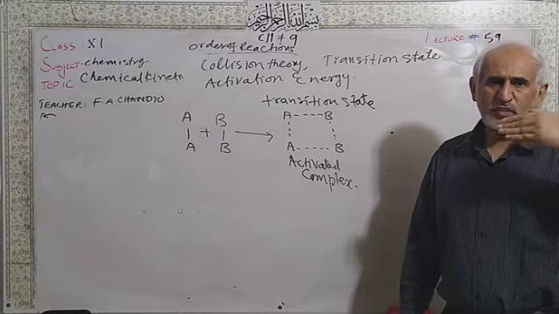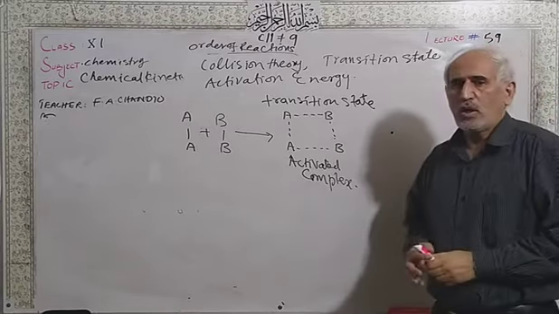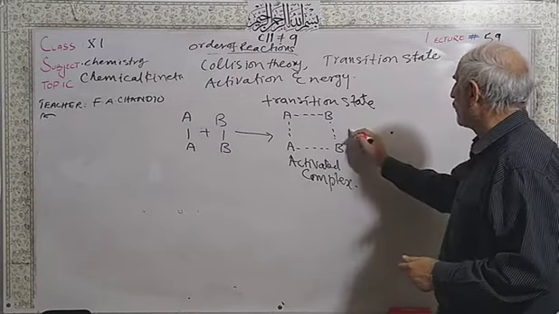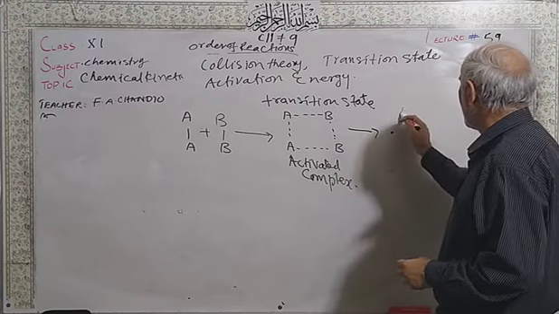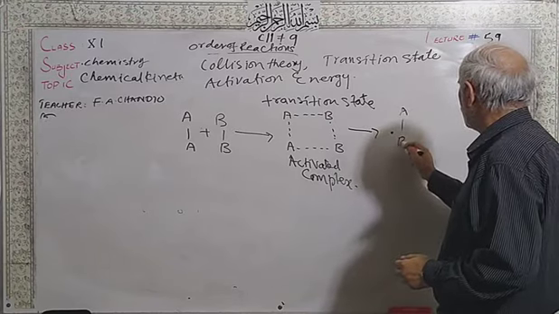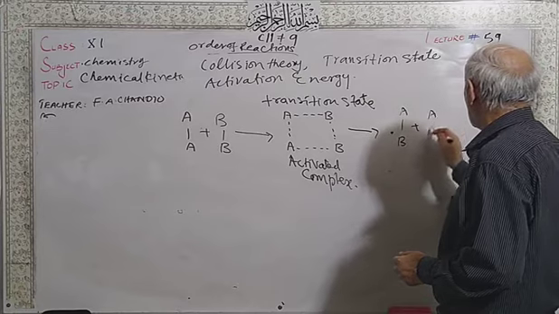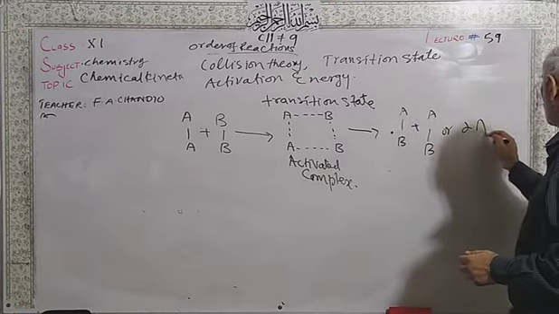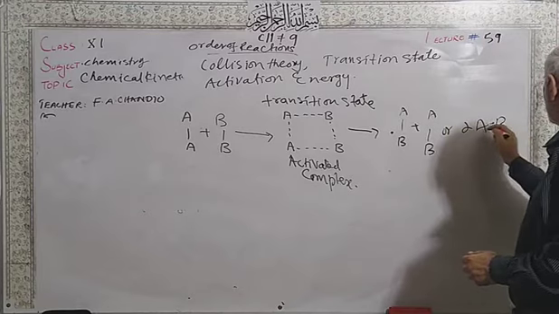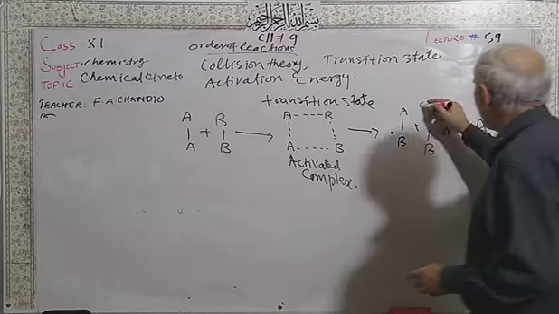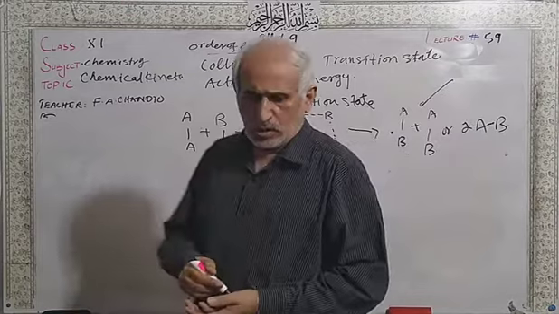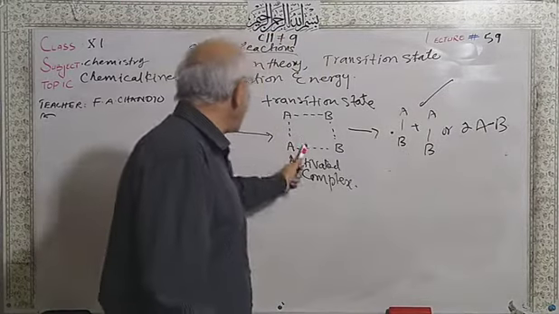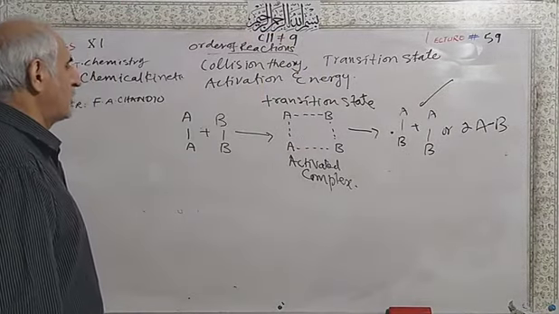If the chemical reaction is very slow, its life will be long, so it will change very slowly to form the product. Now you will get AB molecule and AB molecule. So you will get a product. This state is called a transition state.